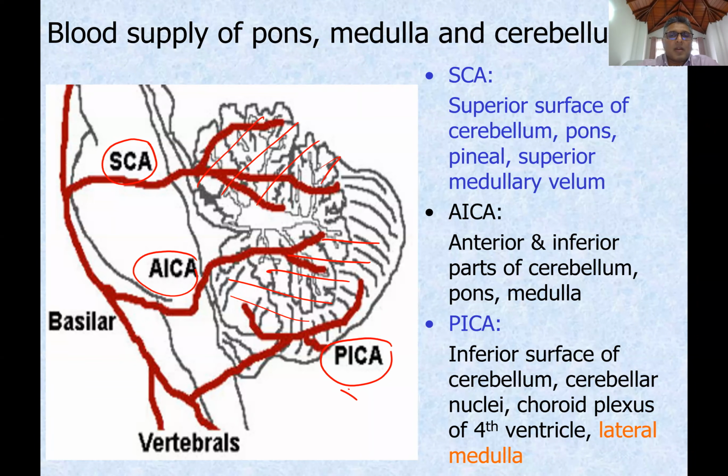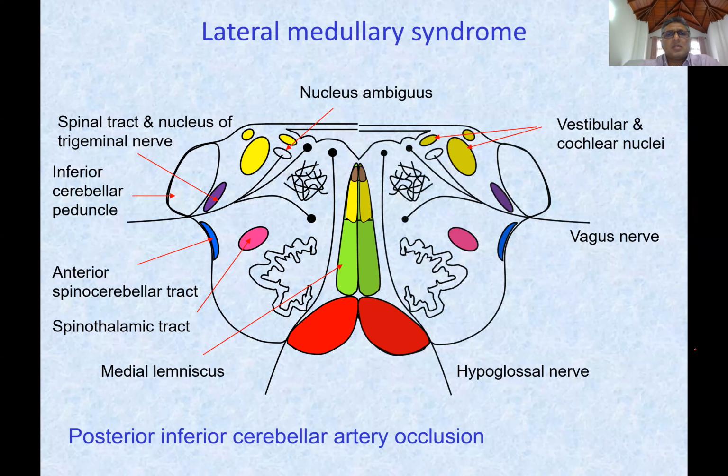But the most important one for our discussion is the posterior inferior cerebellar artery, because that supplies the lateral side of the medulla, and if that is obstructed, it gives rise to lateral medullary syndrome.